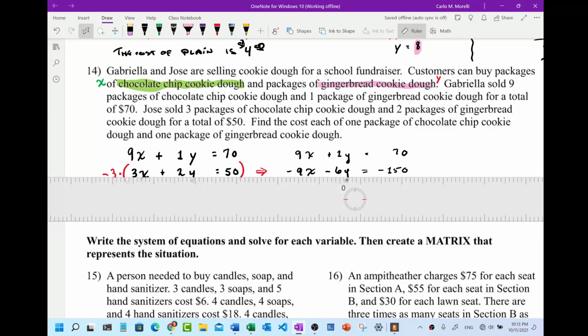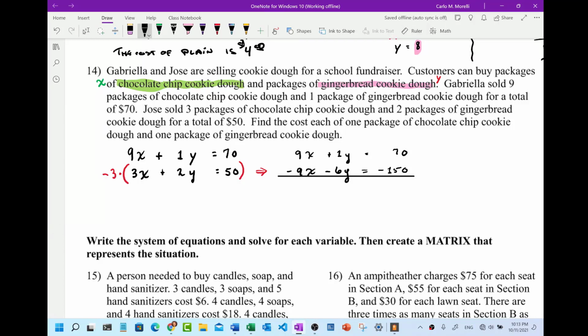And that's the beauty of using the elimination method, especially when you can add and eliminate. It's super easy because that cancels. And now we do 1y plus negative 6y, that's negative 5y. So negative 5y equals 70 plus negative 150, which is just a subtraction problem, 150 minus 70, and that's going to be 80.